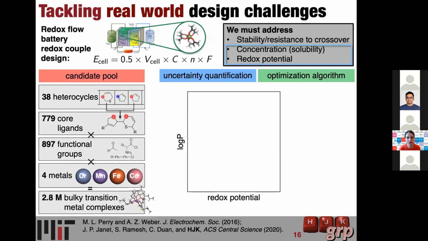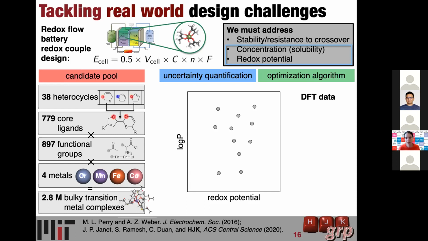And what this means is we put on our two axes that we want to optimize simultaneously, redox potential and solubility, which we addressed via proxy with log P. And I'm showing this as a cartoon, and I'll show the real results on the next slide. So we go out and we pay the price of carrying out DFT calculations because we have no prior knowledge of the space.